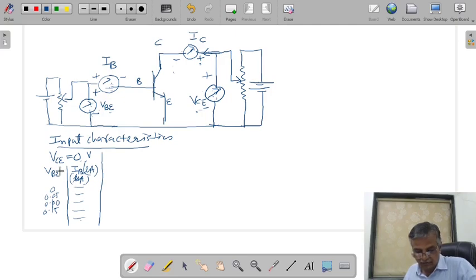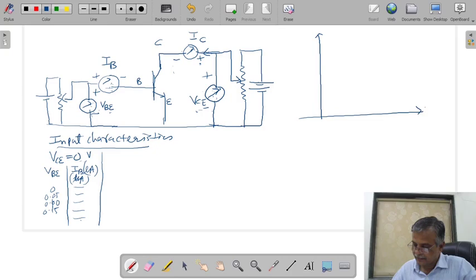The graph of IB versus VBE, I am showing you in this figure. VBE, IB, it is like this. This is your VCE, you can say 0.